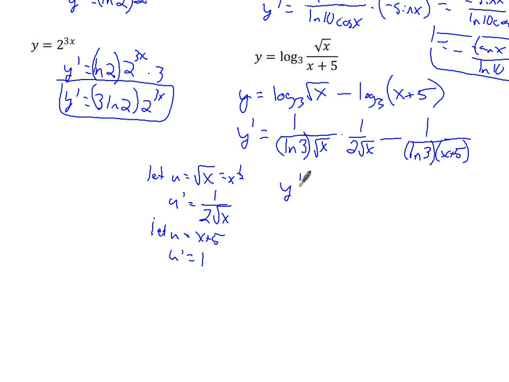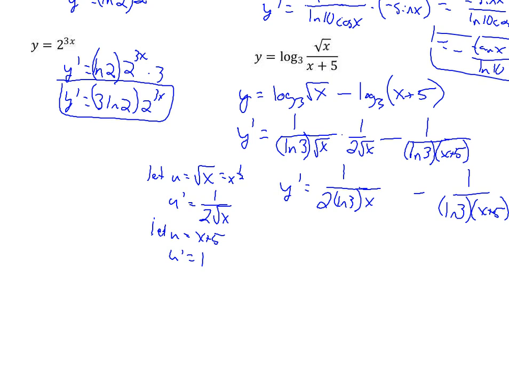So y prime equals, we have 1 over, for this term, 2 times the natural log of 3 times x. I'm going to think ahead here. Minus 1 over the natural log of 3 times x plus 5.